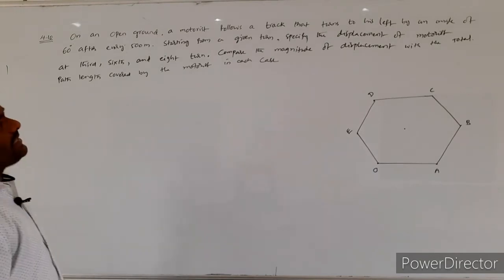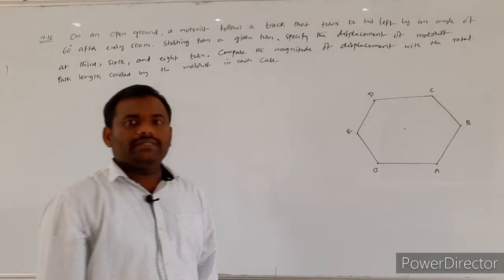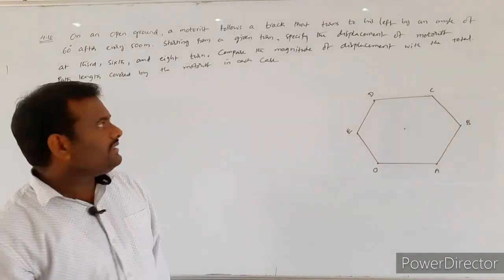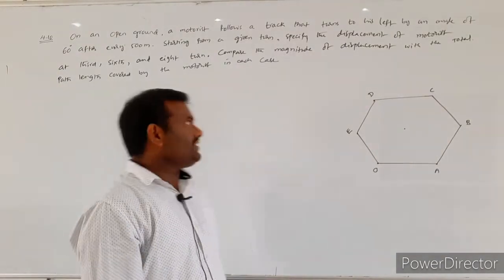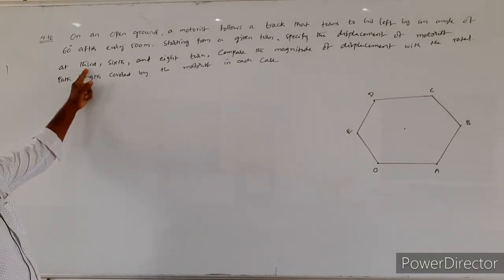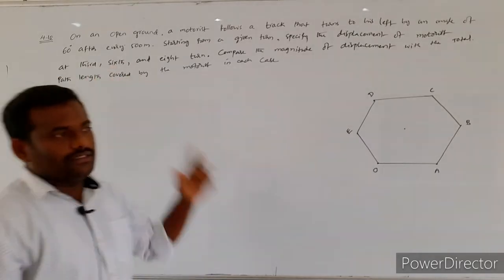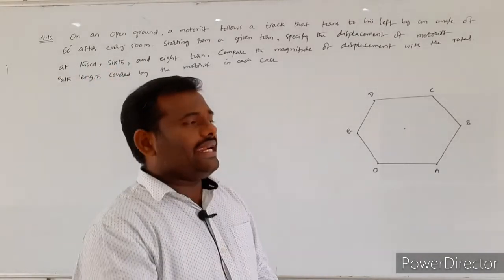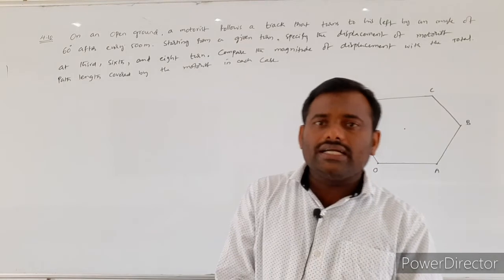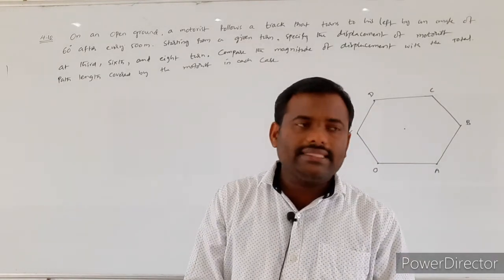Then what are they asking? Specify the displacement of the motorist. We have to calculate the displacement of the motorist at the end of the third turn, the sixth turn and the eighth turn.